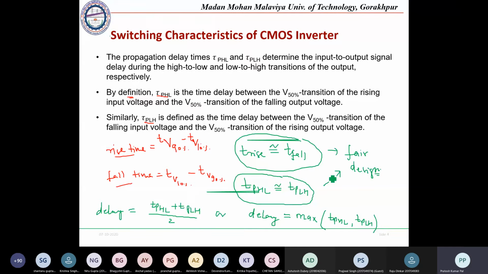If we have designed a fair circuit where tau PHL and tau PLH are the same, then this formula will be good enough to give you the delay time. But if we are unable to design the circuit with the same tau PHL and tau PLH values, then the delay will be given by the maximum of these two. Whatever the maximum value is will be considered your delay time.